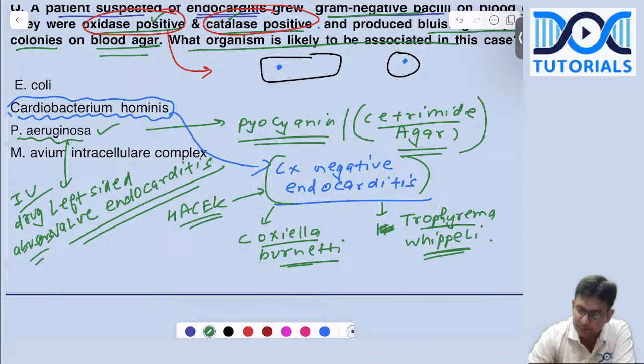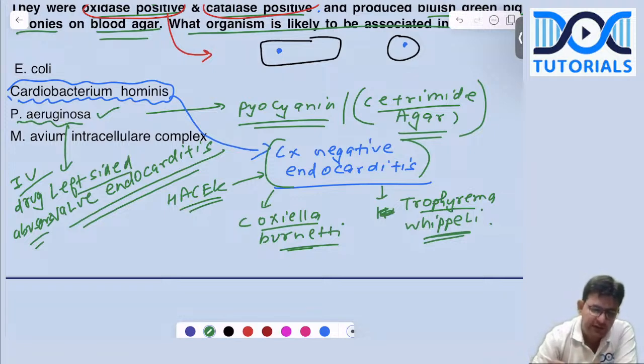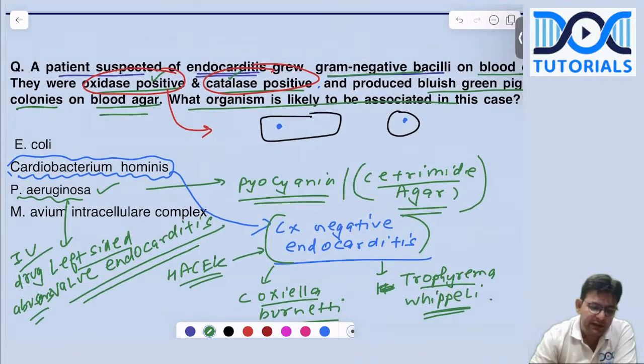Is it fine? So remember, the question might come that it associates with what? IV drug abuser, left-sided valve endocarditis. Right-sided is staph, and overall also Staph aureus.